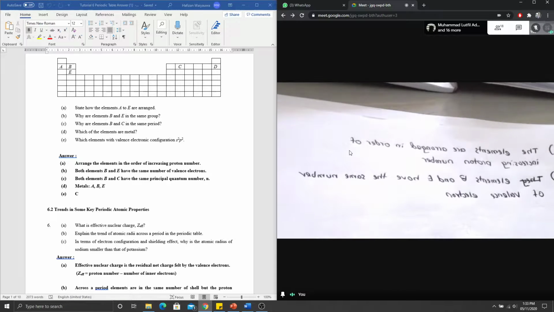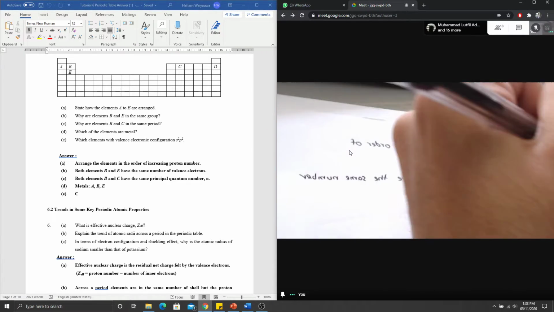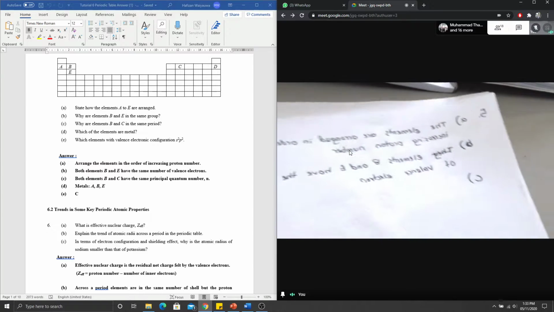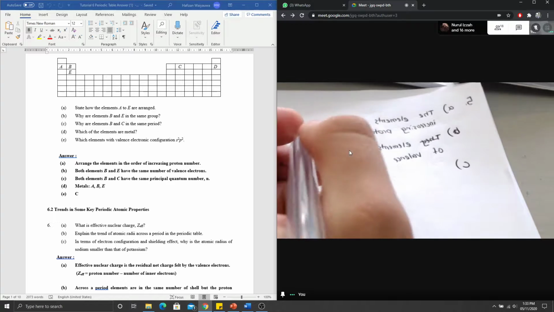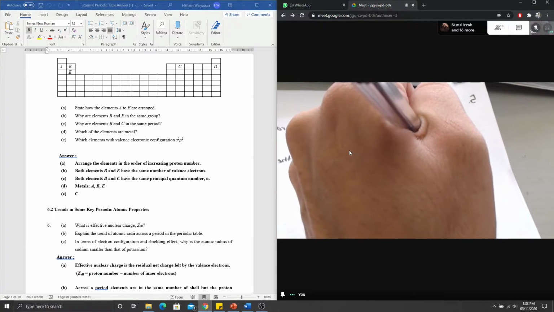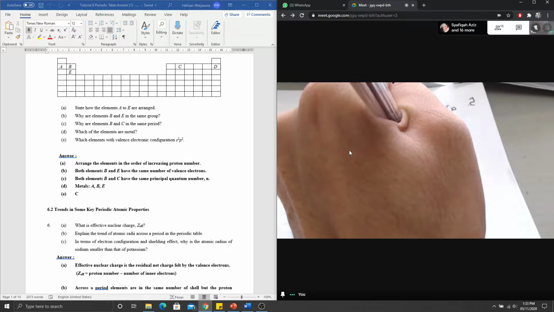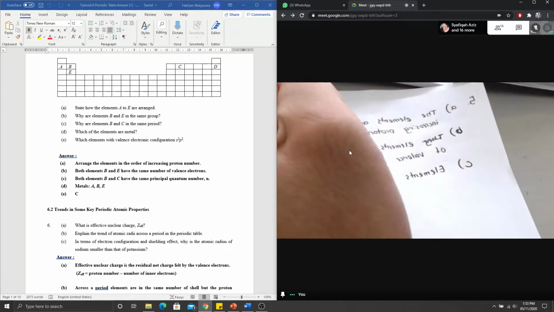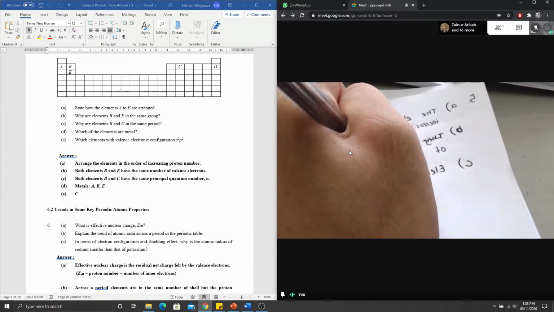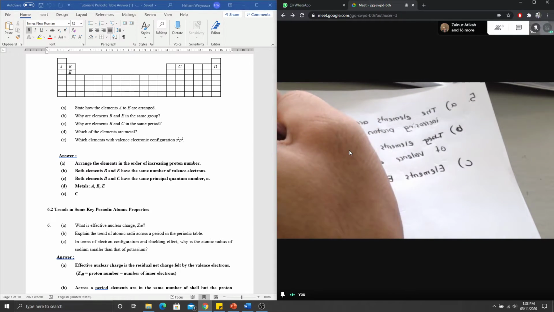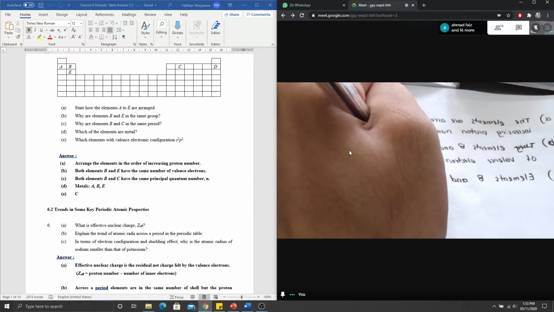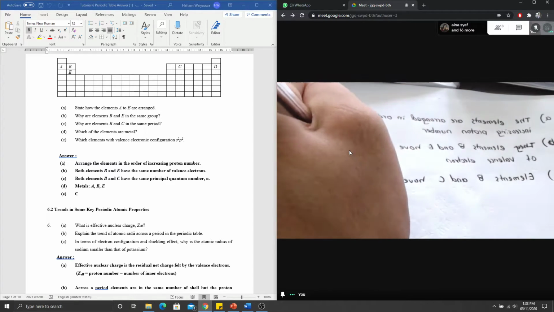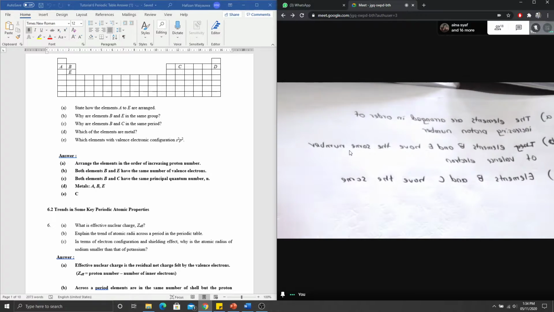And then dia tanya next, same period. See, so same period maksudnya they have the same apa? Number of... So you tulis apa? Number of apa yang sama? Elements B and C have the same number of the highest principal quantum number.